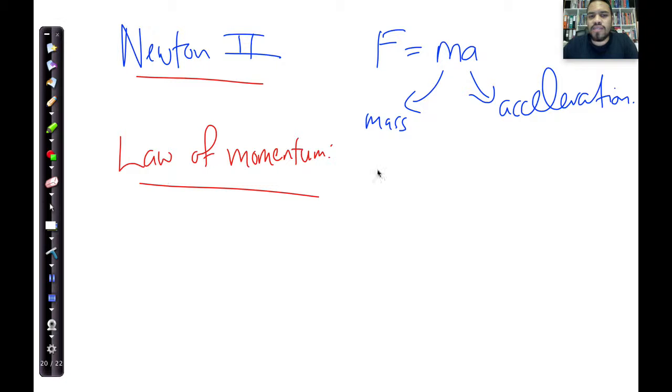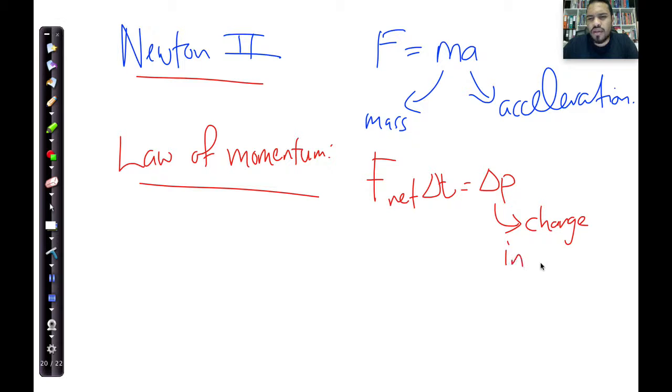And we said the law of momentum in symbols is actually F net delta t is equal to delta p, where delta p is the change in momentum. In general, we're talking about one object here at a time. And of course, it can also mean the change in momentum of the system. That's when we're dealing with the net force related to the system.